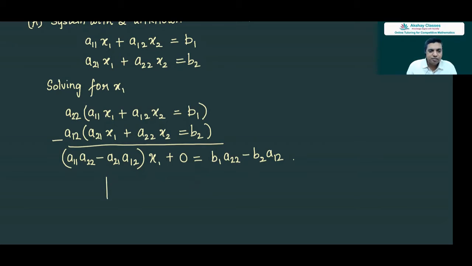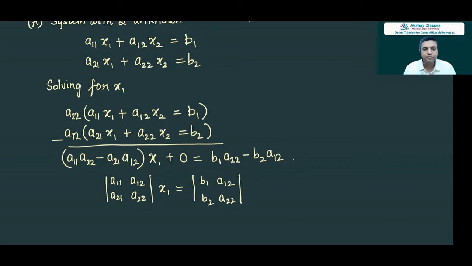This is the determinant of the coefficients a11, a12, a21, a22, times x1, and this one is the determinant of b1, b2, a12, a22.